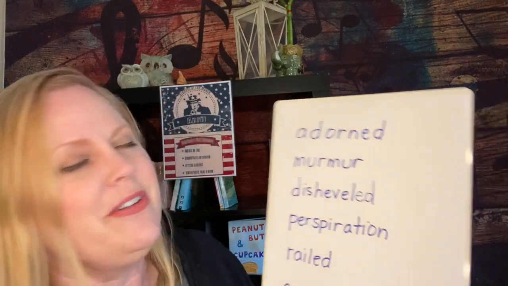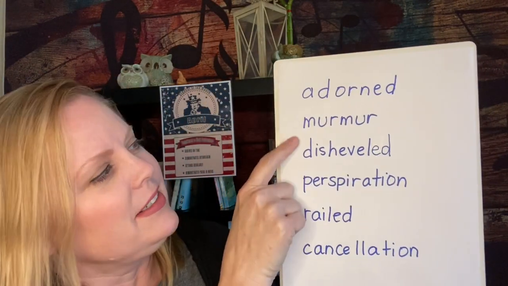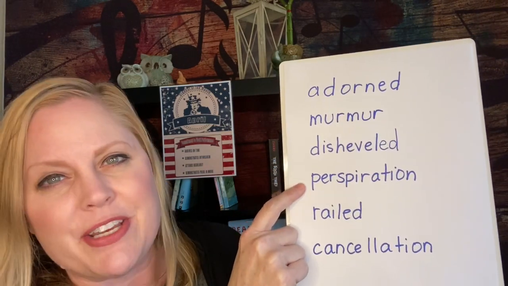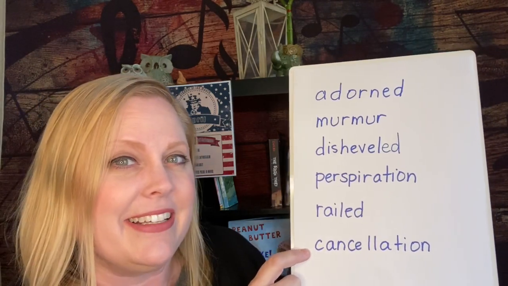I have a whole list of vocabulary words for you. There are 6 of them: adorned, murmur, disheveled, perspiration, railed, and cancellation. So let's get started. When you're reading a story, sometimes you might see a word that you don't know, and that's okay. That happens to everyone.